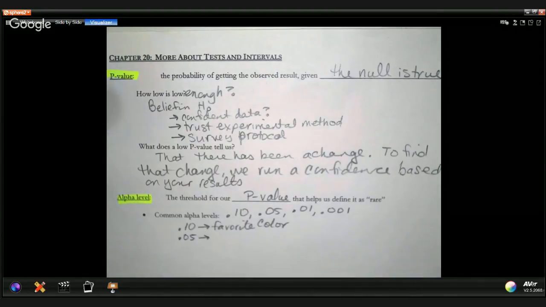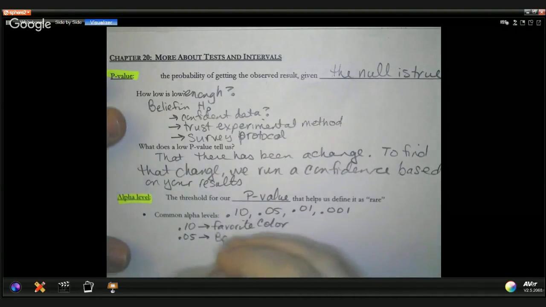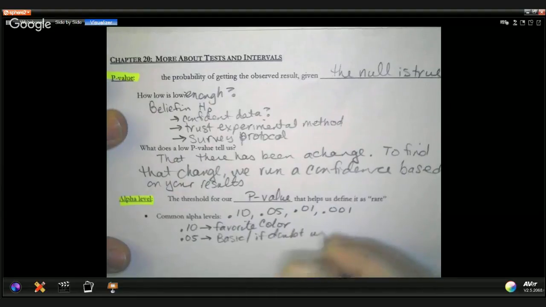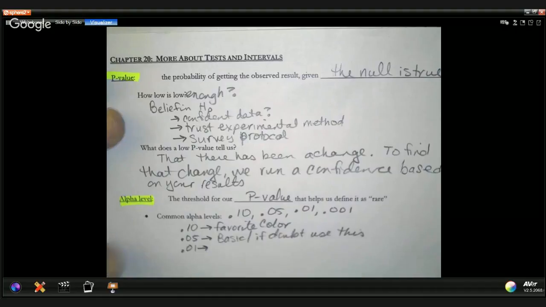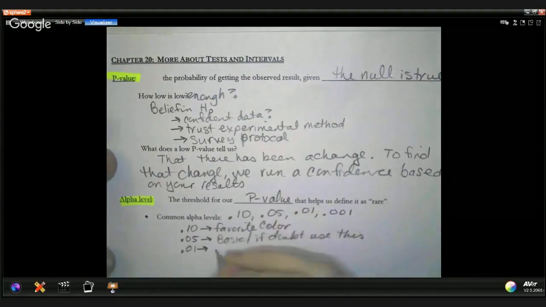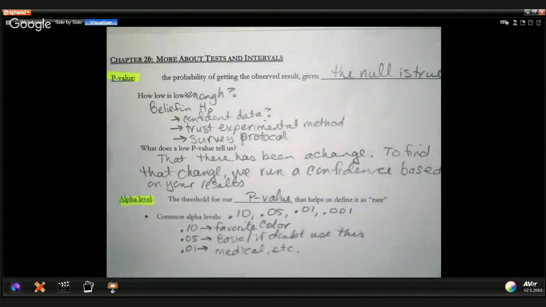A 0.05 is important, but really that's where you go if you're in doubt. This is the basic, if in doubt, go here. 0.01, that's going to be for medical and other important things.